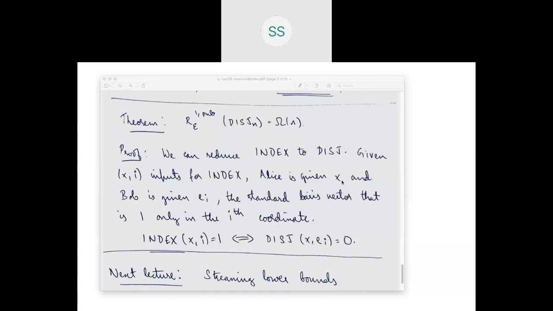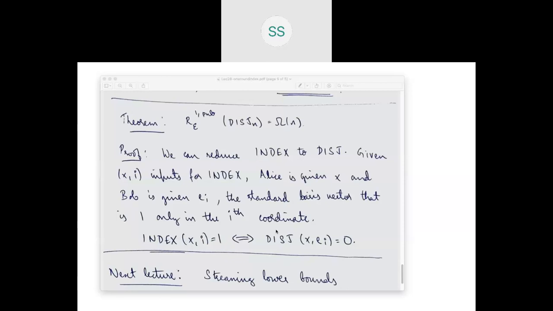If x_i is 0, they are disjoint. If x_i is 1, they intersect, because Bob's set has only i, and whether the sets are disjoint depends on whether her ith bit is 1 or not. So index of (x, i) is equal to 1, which means Alice's ith bit is 1. This happens when x and e_i intersect, or the disjointness function of x and e_i is equal to 0. And this is if and only if: if index is 0, then disjointness is 1.